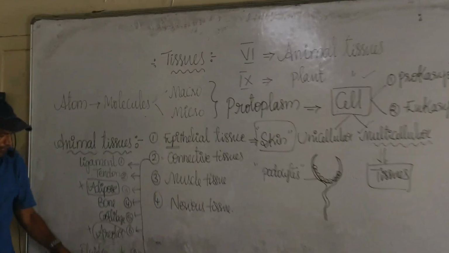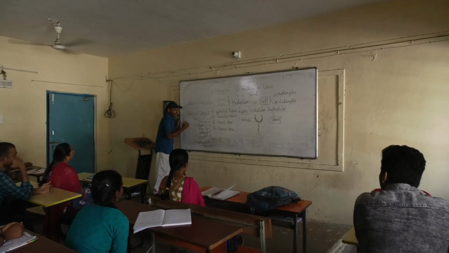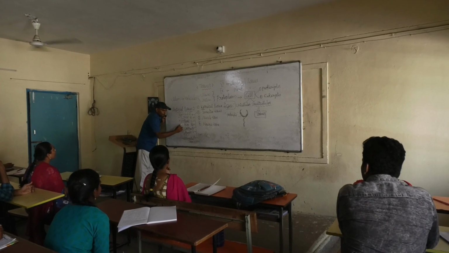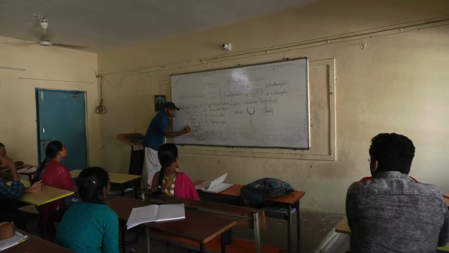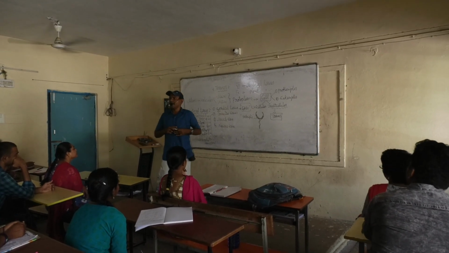In 7th class we have the blood. So that's why we will include ligament, tendon, bone, cartilage and fluid connective tissue.